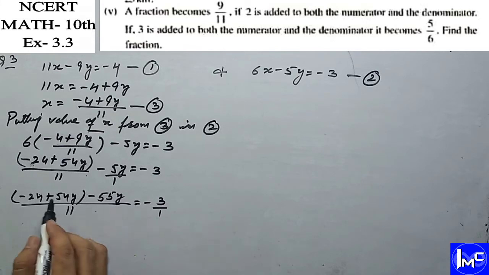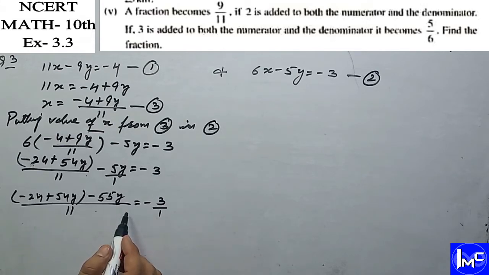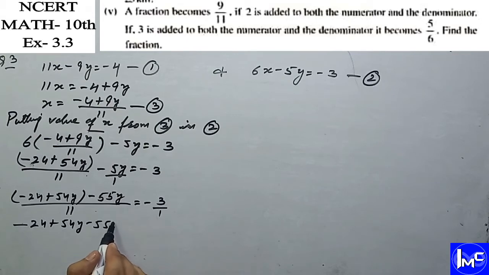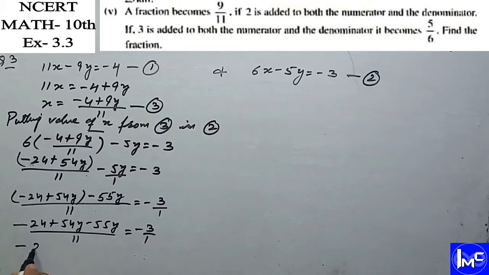Now we will simplify. Minus 24 plus 54y minus 55y over 11 is equal to minus 3 over 1, and this will be minus 24 plus 54 minus 55, that will be minus y over 11 is equal to minus 3 by 1.